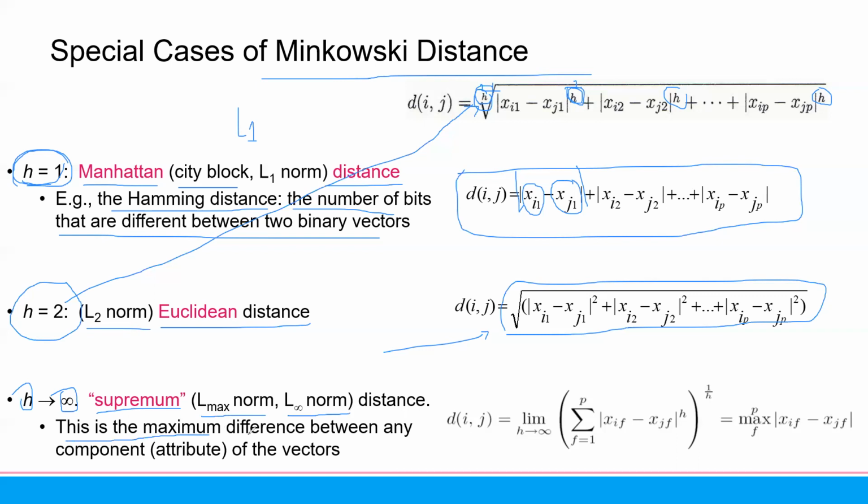This is the maximum difference between any attribute of the vectors. You can see this is the original formula with the limit going to infinity. We sum all the values with h going to infinity, and at the end we can just say that this is the maximum. So we want to find the maximum value.